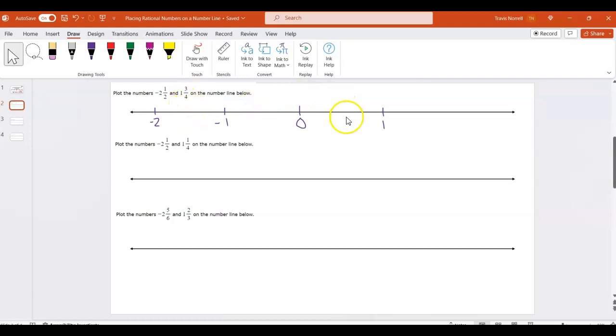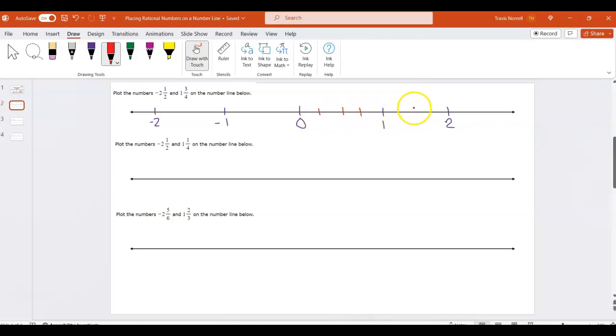So we need to break our number line up into fourths, into 4 equal sections. 1, 2, 3, 4 equal sections.